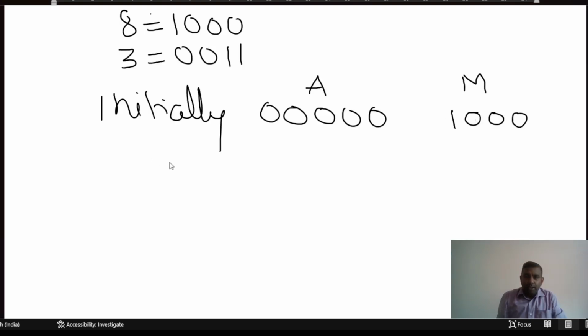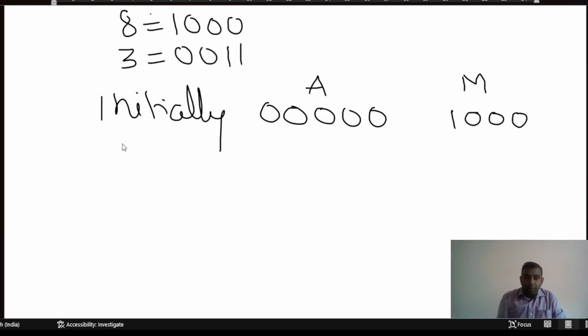So initially we take these 5 zeros in register A and 1 0 0 0, our dividend, in register M.